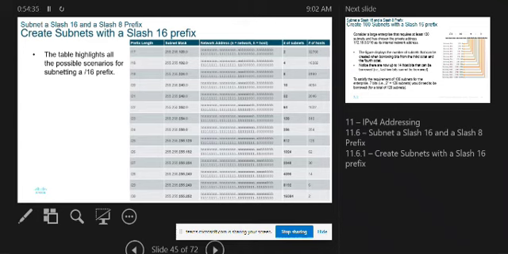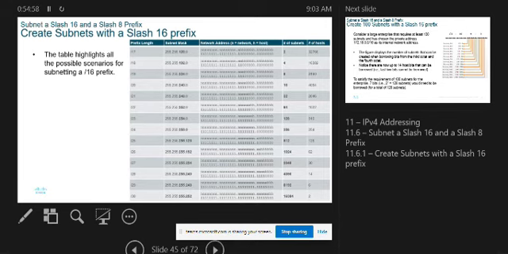You guys with me? All right, so N's are network bits, H's are host bits. You got to have at least 2 H's so we can have a network, 2 IP addresses, and a broadcast.